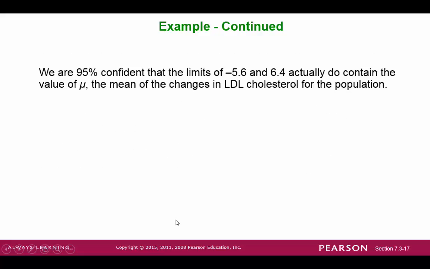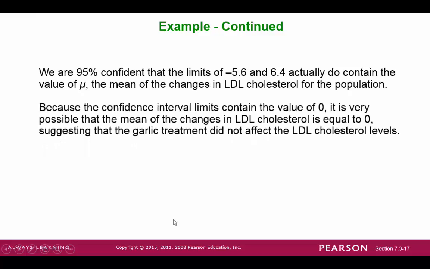So let's finish this up. We can say in words that we are 95% confident that the limits of negative 5.6 and 6.4 actually do contain the value of mu, the mean of the changes in LDL cholesterol for the population.